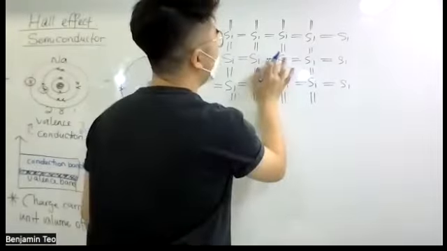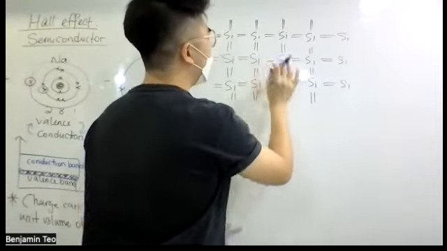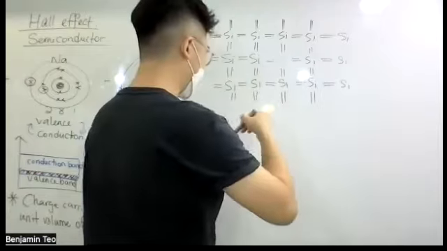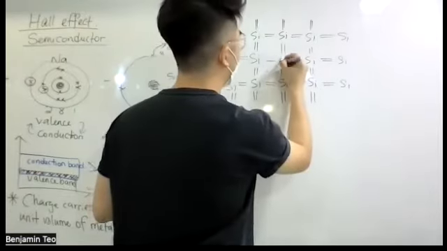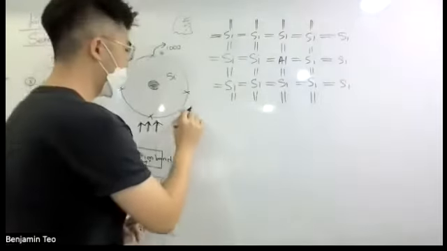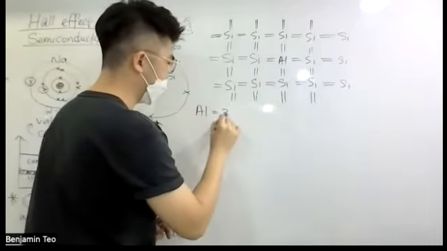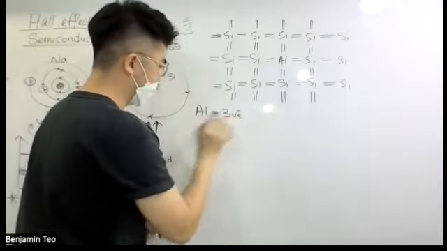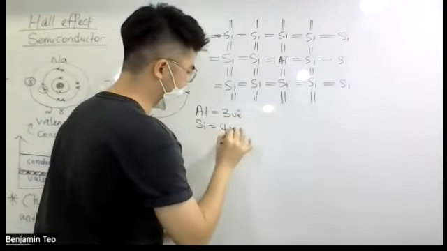If I remove the silicon atom and I replace with, let's say, aluminium, now aluminium has 3 valence electrons. Silicon is 4 valence electrons.